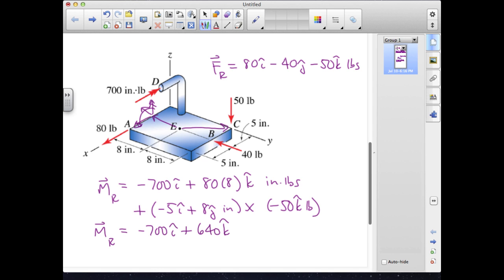So the minus 5 times minus 50 will give us 250, and then we have an I cross K, and the plus 8 times minus 50 will be minus 400 on J cross K inch pounds.